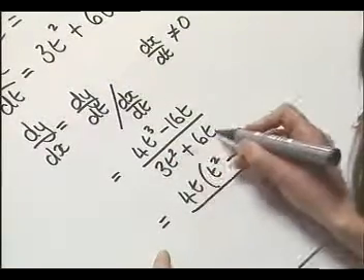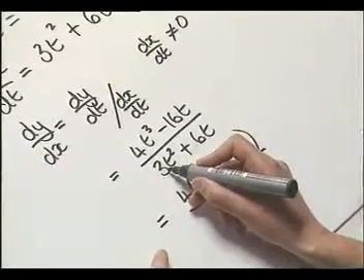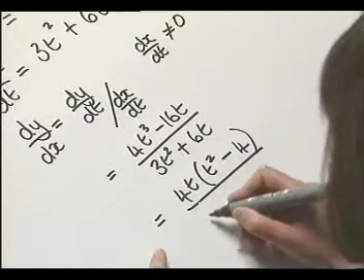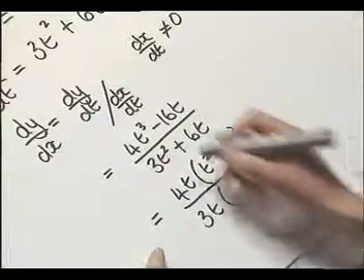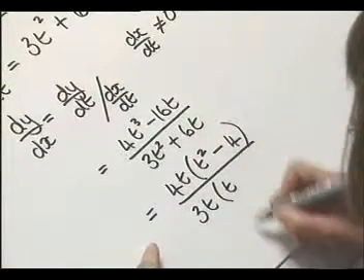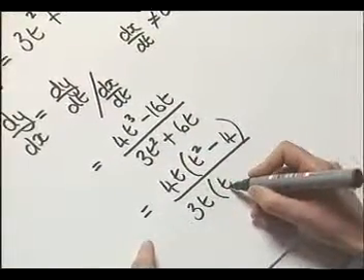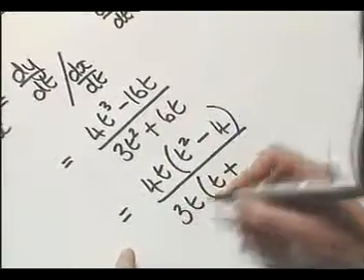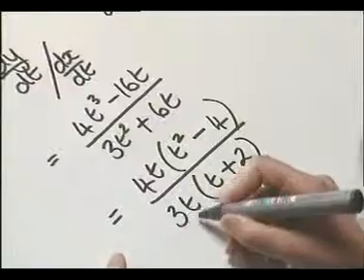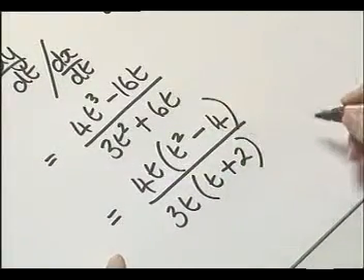Underneath, common to both these parts, is 3t. So take 3t outside a bracket, and inside we're left with t, so that when it's multiplied out we get 3t squared, plus 2. Again, 3t times 2 gives us our 6t.